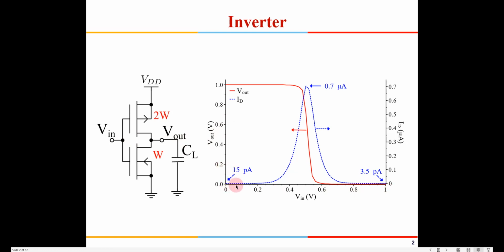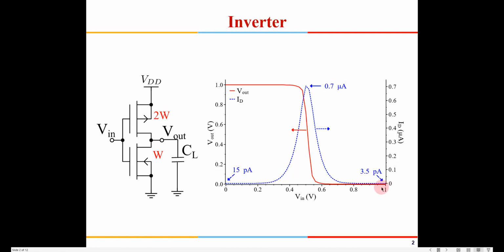Now if I plot the current, the blue dotted line is the current, and on the right hand side axis you have the scale of the current. Initially when the input is 0, the NMOS is supposed to be off, but there will be some leakage current, which is known as the static power dissipation. When the input is 0, the static current is 15 pico ampere. Since in this case VDD is 1, it translates to 15 pico watt of power.